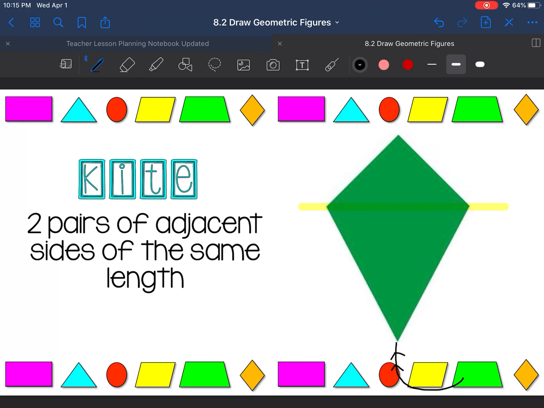Since we put those two triangles together, our top two lines must be equal to each other, and our bottom two lines are going to be equal to each other. We can tell this by looking at this object. The top two lines are about the same size and the bottom two lines have to be the same size. All right, so two pairs of adjacent sides have the same length.